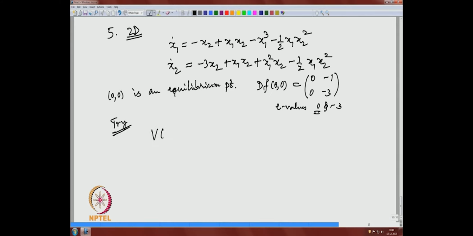So, V of x1, x2 is equal to, half for convenience, we put it, 3 x1 square minus 2 x1 x2 plus x2 square.